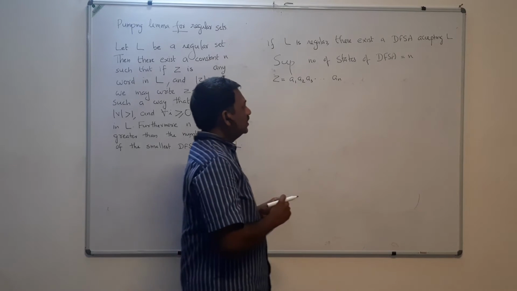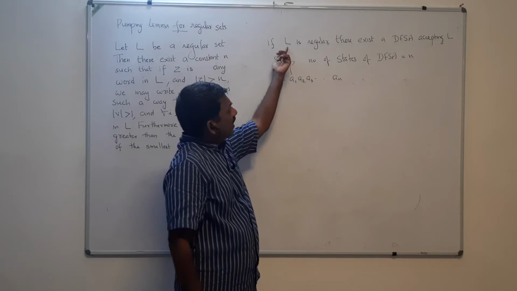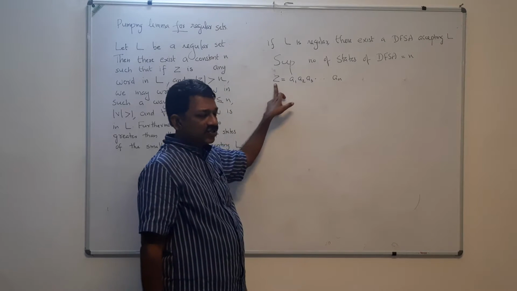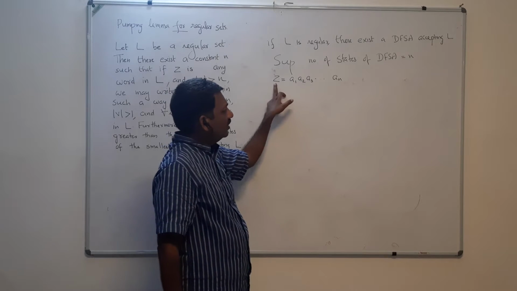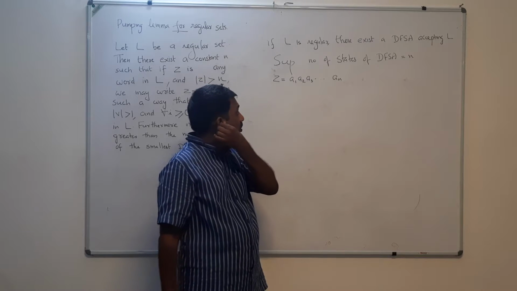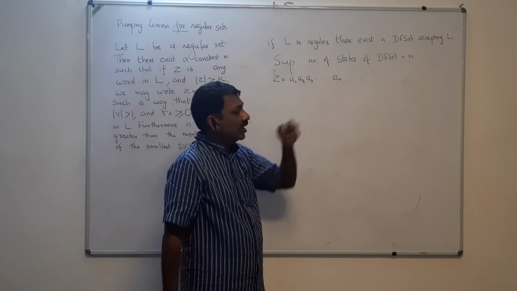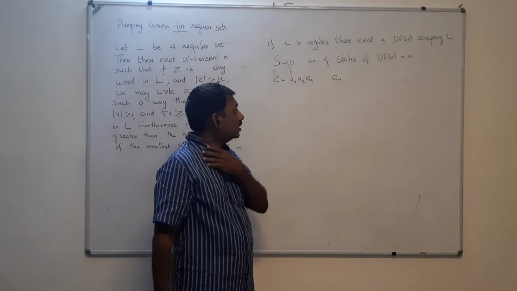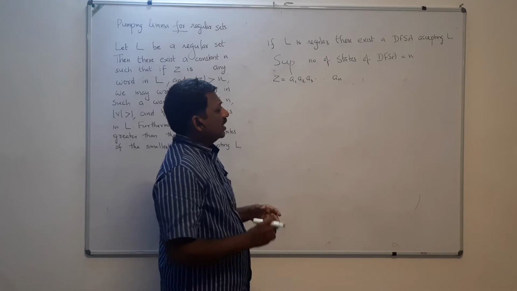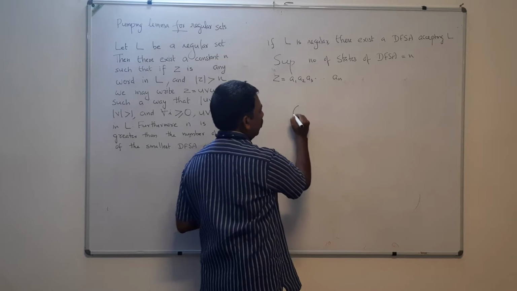That means this is a string of the language L. That is, Z is a string and the symbols or components of the alphabet in it are A1, A2, A3, etc. up to An.